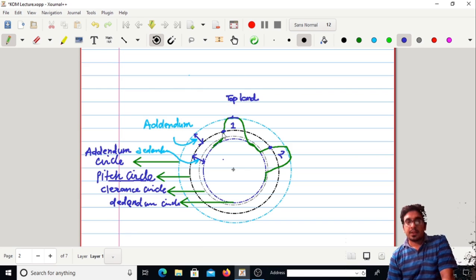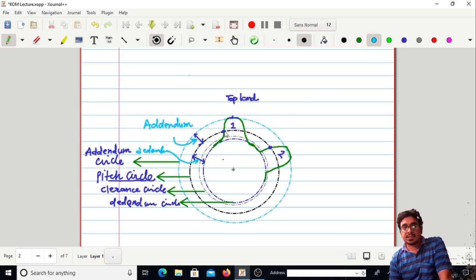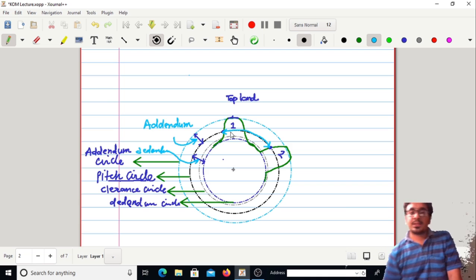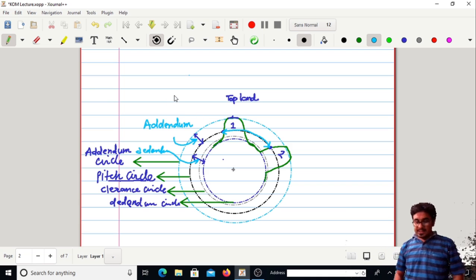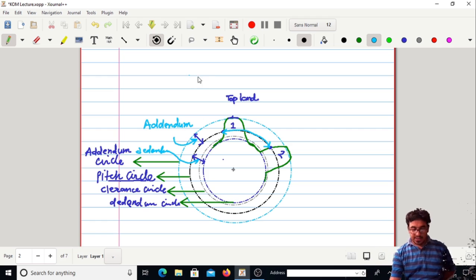Mind it, it should be at the same location at point 2. And if we measure this distance along this pitch circle, then this particular distance will be known as the circular pitch. Let me write it here.